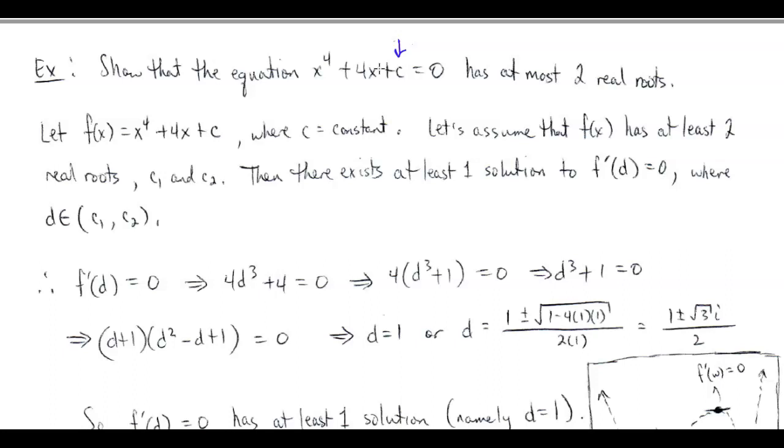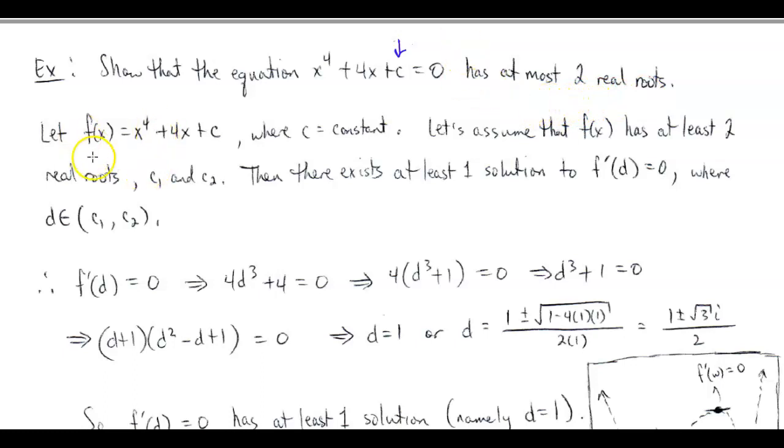And since we're considering a whole family, we're saying no matter how the function looks, if it is a quartic function, the most that it is going to cross the x-axis is 2 times. Okay. A quartic function of this family, the most that it is going to cross the x-axis is 2 times. That's another way to translate what it is that we are trying to prove here.